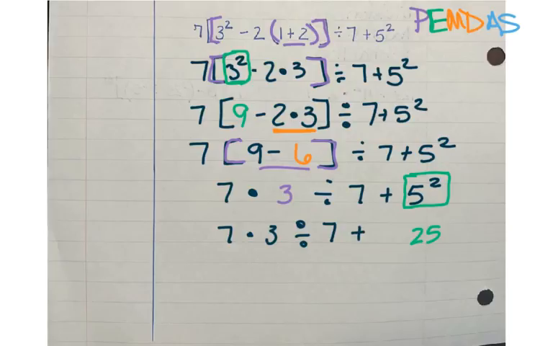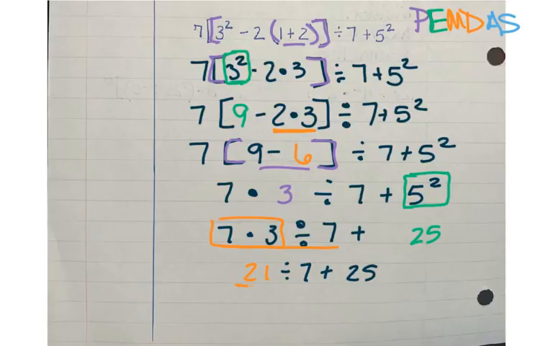Okay, so now I'm looking at multiplication and division. I have a few of that here. I've got to go in order. So I'm going to start with the 7 times 3. 7 times 3 is 21. And then I'm going to bring all that down again.